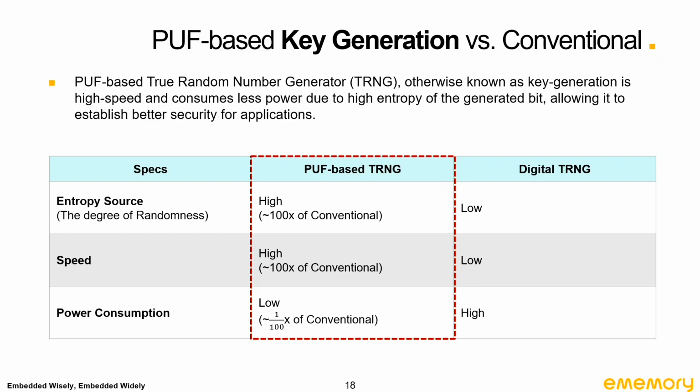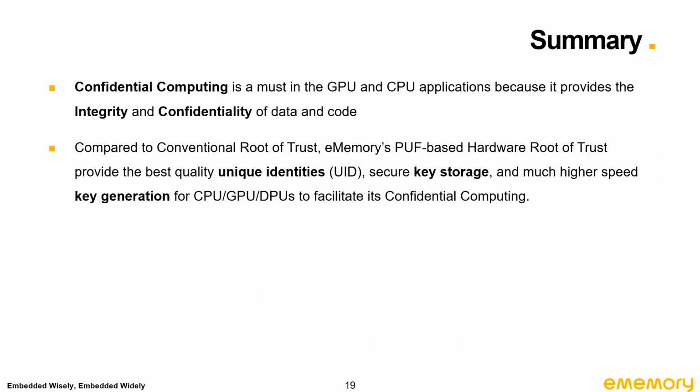After comparing the advantages of our PUF-based key generation and PUF-based TRNG, now I'd like to make the summary. Confidential computing will in the future be a must for GPU and CPU applications, because it needs to provide the integrity and confidentiality of the data and the code.